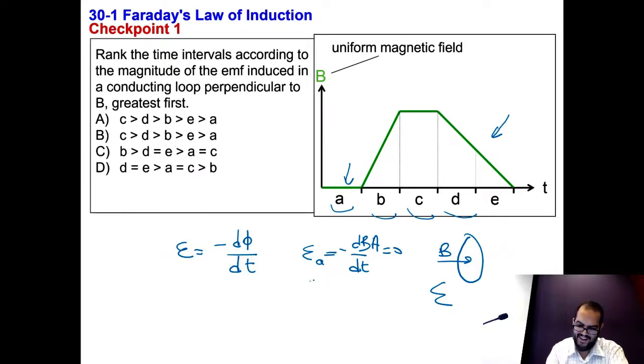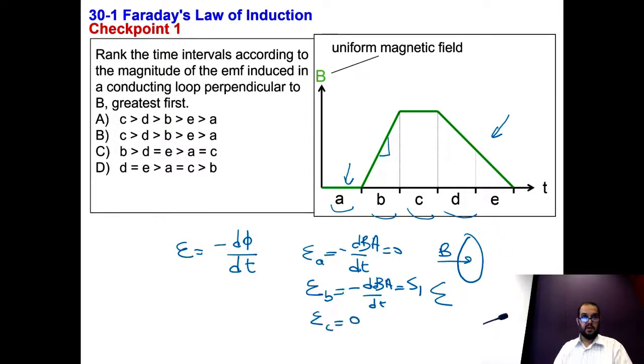What is it for B? For B, we have the steepest slope, so minus the derivative of BA with respect to time. Let me call this slope S1. For C, same thing as A, it's 0 because the magnetic flux is not changing.